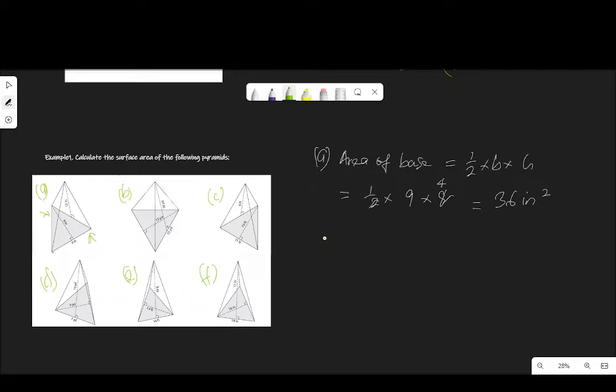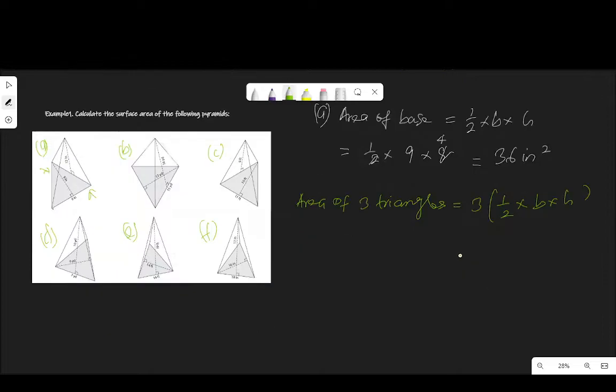To have area of the three triangles is equal to 3 multiplied by half base times height. That is the three of the triangles there. And that will give us 3 multiplied by the base is 9, like I said earlier, times half there first.